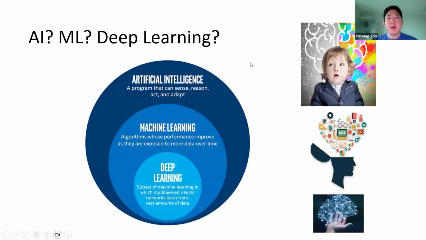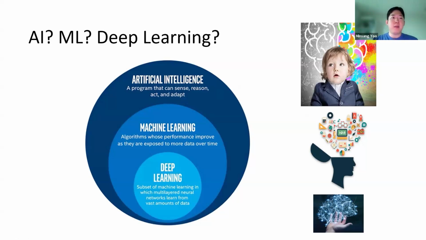So machine learning. Right now in the markets, there are a lot of news stories about AI, machine learning, or even deep learning. What are they? Among these three, artificial intelligence is the biggest concept, which is a program that can sense, reason, act and adapt.